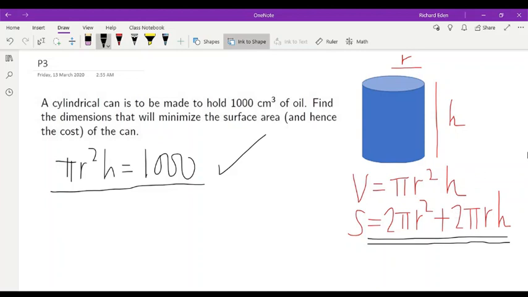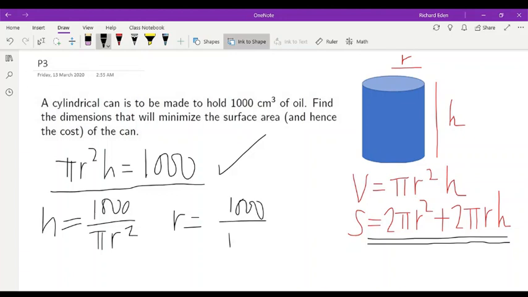Now we have two options. If we go back to this volume constraint condition, either we solve for h. If we do that, h is going to be 1000 over pi r squared. Or you can solve for r, that's going to be the square root of 1000 over pi h.